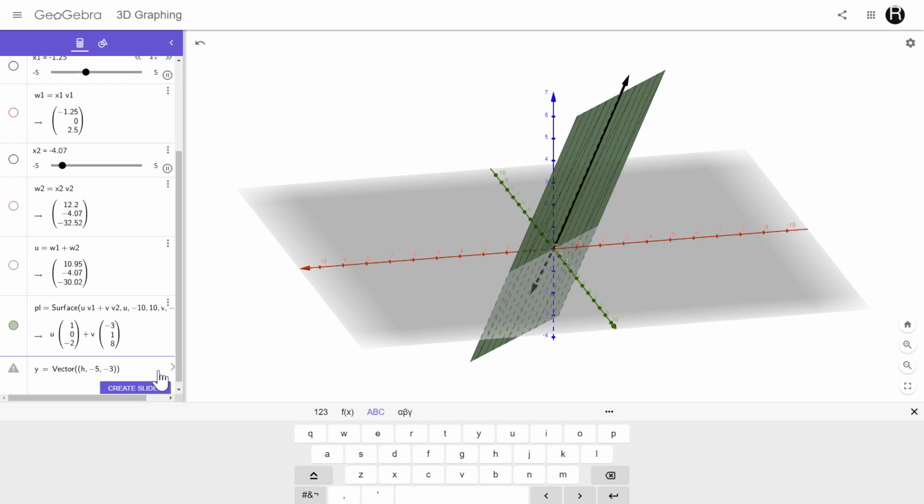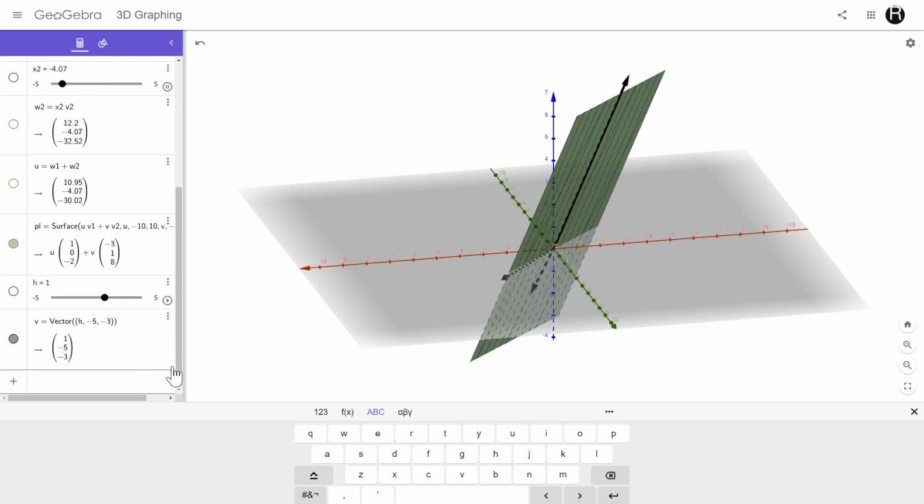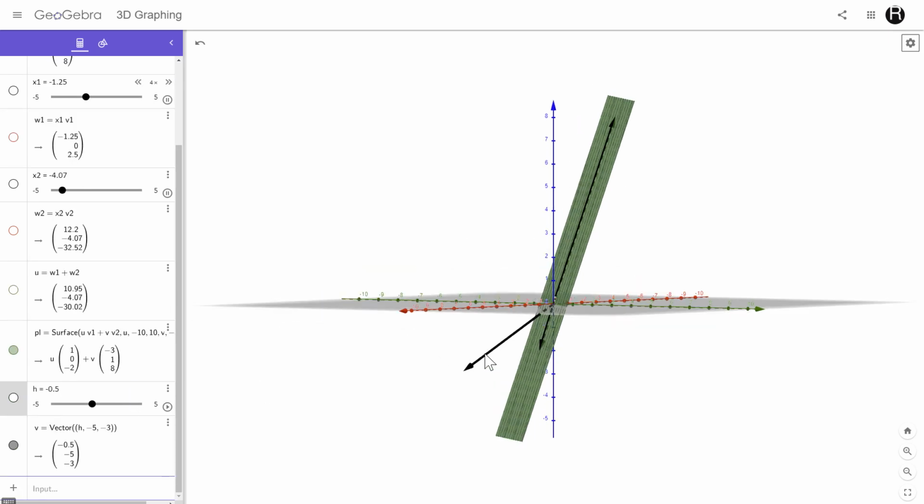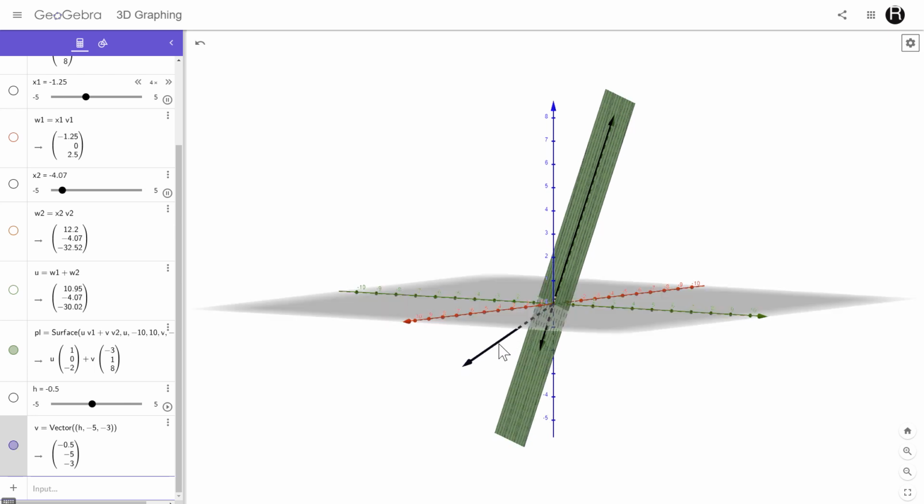And we need a slider out of this, so we'll create a slider for h. So this is our vector. Let's make our vector purple here. I don't know, it didn't turn purple. Purple.